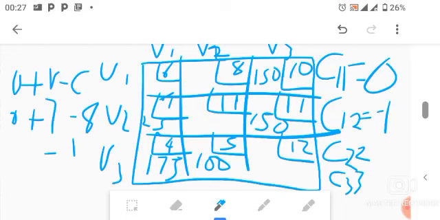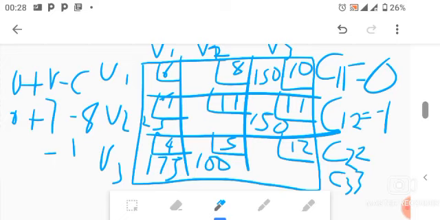Next box is the box in row 2, column 2. Our focus now in testing for optimality is just those which are unallocated. So we're on C22, which is the box in row 2, column 2, which has a cost of 11. Same thing, do the u plus v minus c again. The u value in that line is u2, and the v value that corresponds with that box with the cost of 11 is the v2 value, again repeating itself.